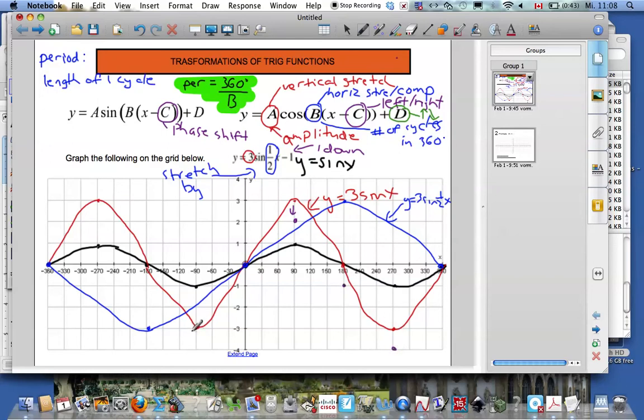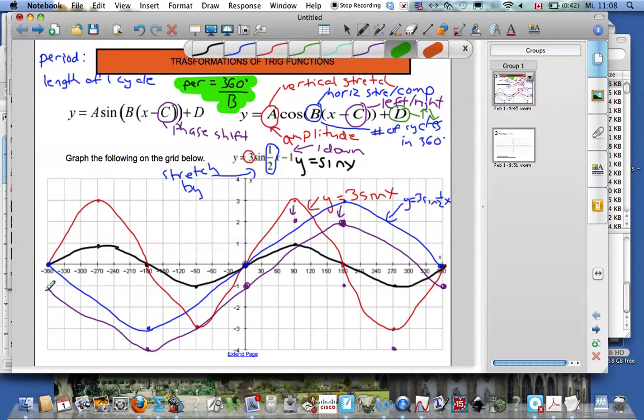Sorry, I'm working with this one. So that's 0, that's -1. Just shift it down. And there we go, it's been shifted down.